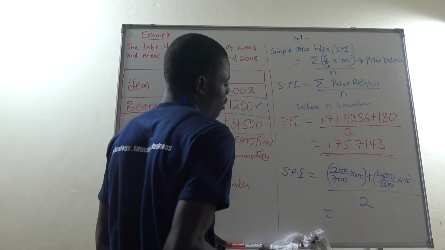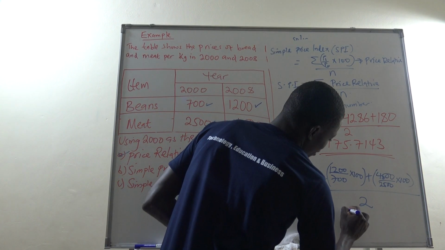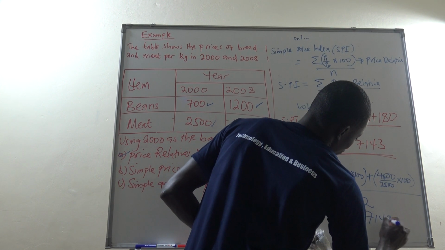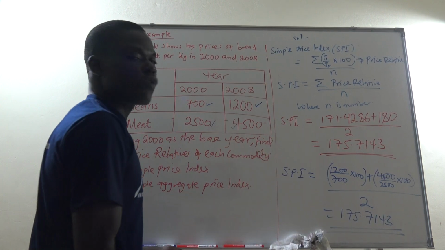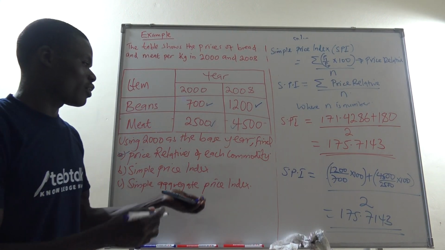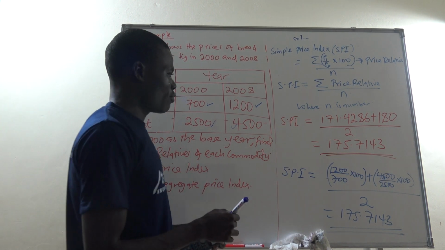Still here the answer you are going to get is 175.714 if you record to 4 decimal places. If you record to 1, you get a different one.